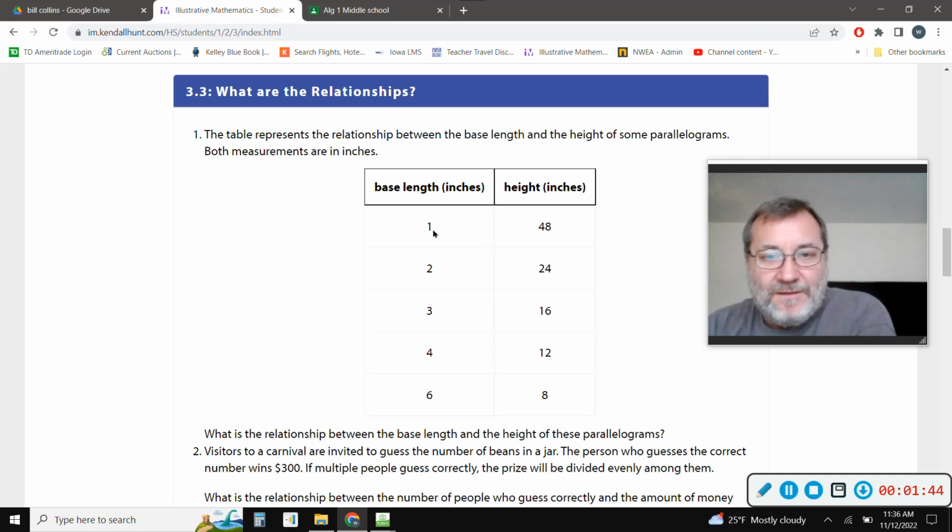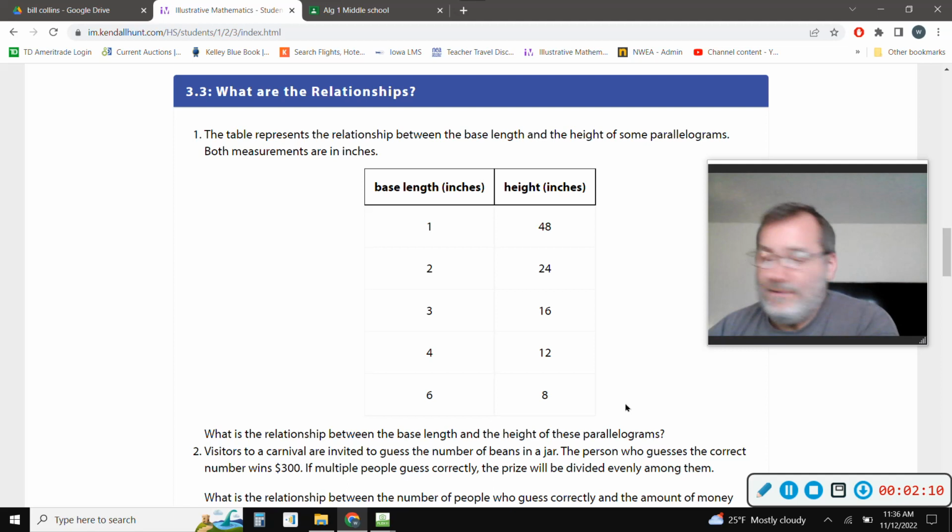So if you look at this, 1 and 48, 2 and 24, 3 and 16, 4 and 12, 6 and 8, you should be able to recognize the fact that if I multiply these two together, I get the same number every time. I get 1 times 48 is 48, 2 times 24, 48, 3 times 16, 48, 4 times 12, 48, 6 times 8, 48.